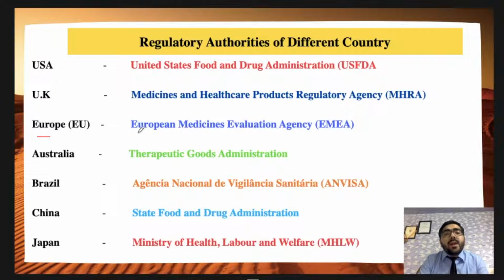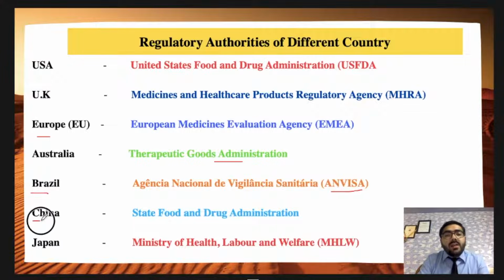For Europe, it is the European Medicines Evaluation Agency, EMEA. For Australia, the regulatory authority is the Therapeutic Goods Administration, also called TGA. For Brazil, it is Anvisa, which is Agencia Nacional de Vigilancia Sanitaria.